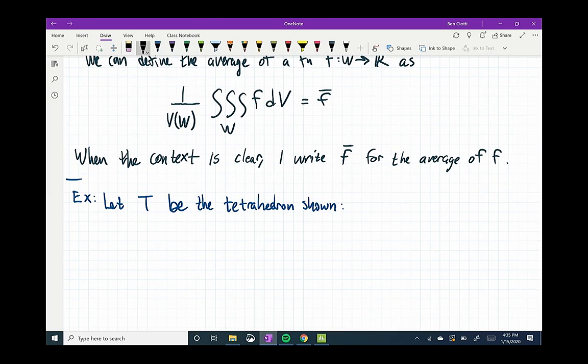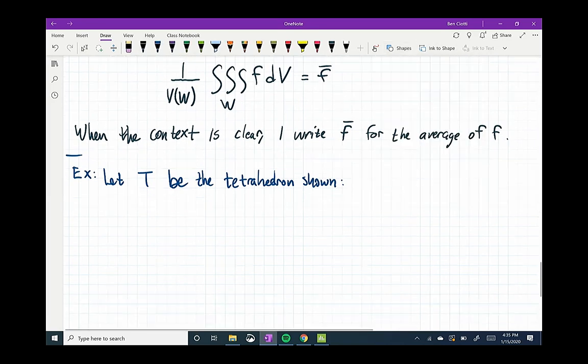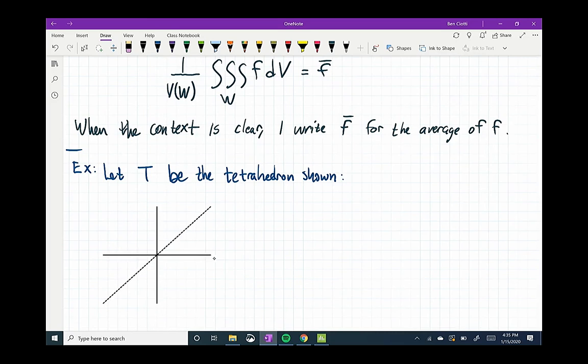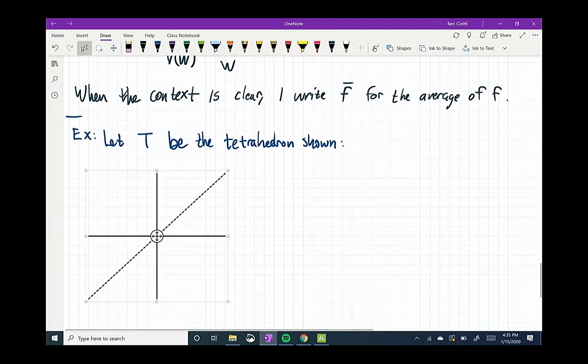Tetrahedron, by the way, is the same as a triangular pyramid.